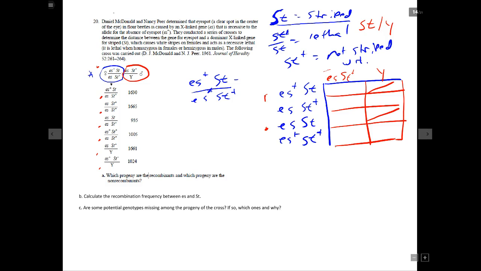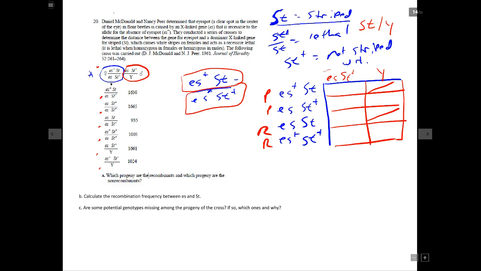Over here we know this is a parent, this is a parent, this is recombinant, this is recombinant. We know that because of the way they set up the cross. They actually gave us how they set up the cross. So we know that this is a parent configuration and this is a parent configuration.